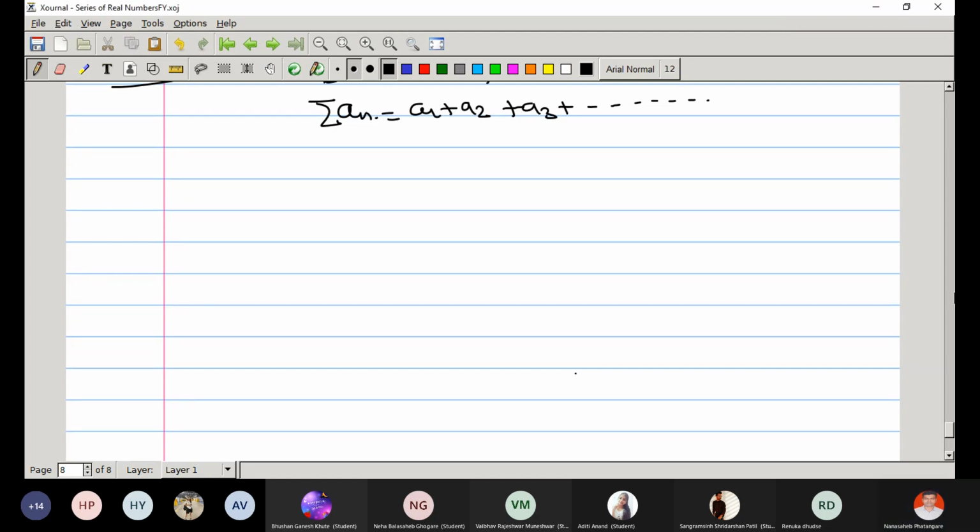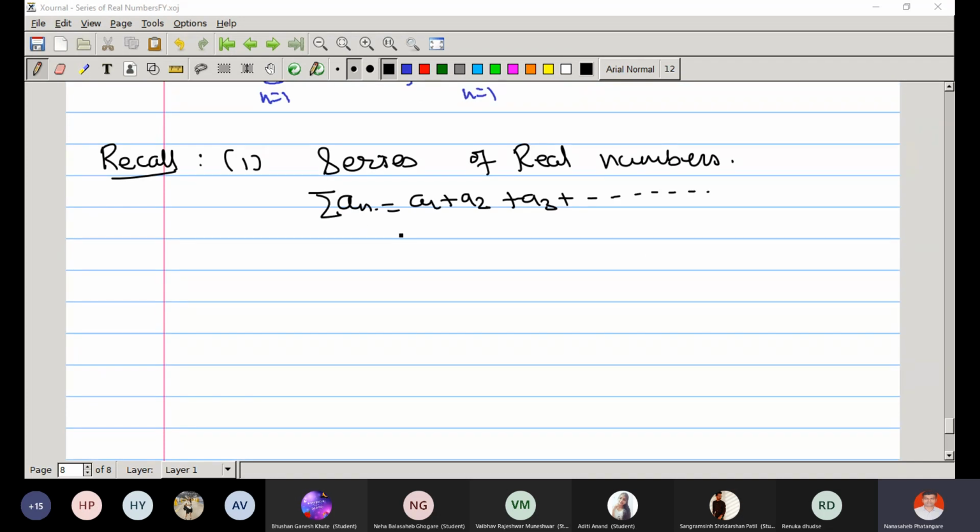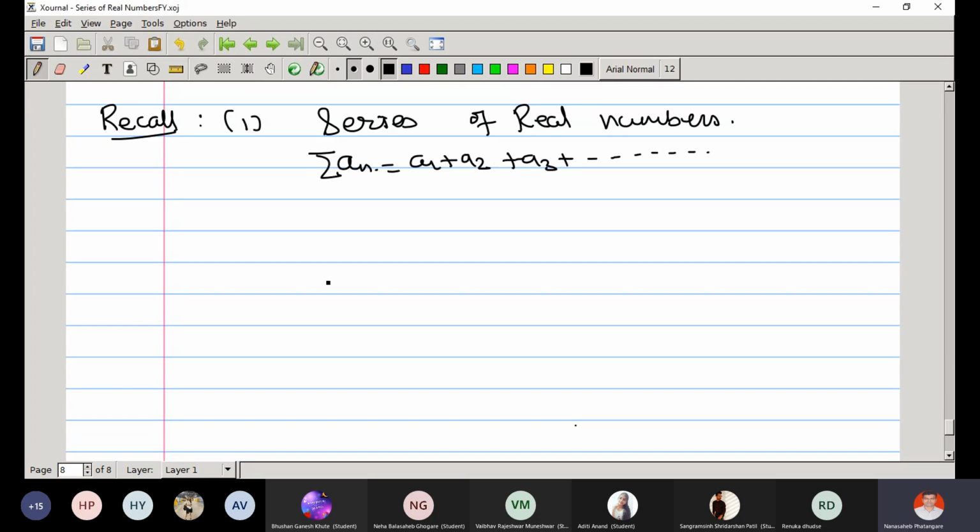So a series of real numbers is an infinite sum, right? If you are adding infinitely many numbers, a1 is the first term, a2 is the second term, and so on. an is the nth term of the series, and here n is from 1 to infinity.